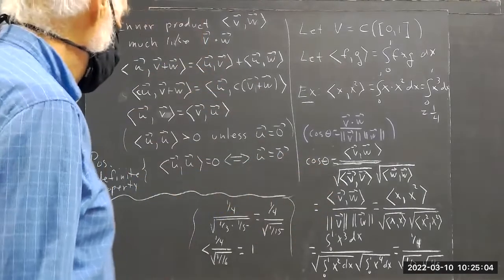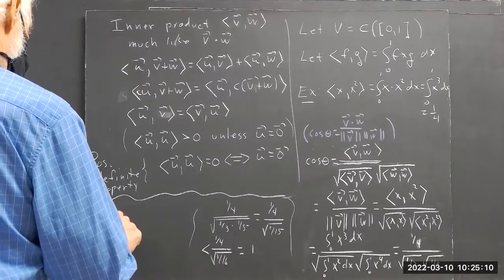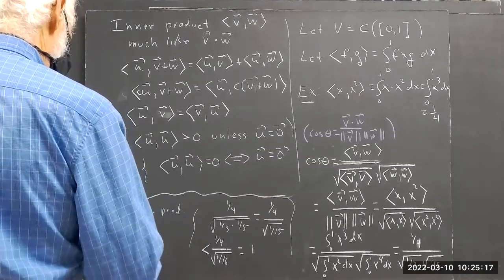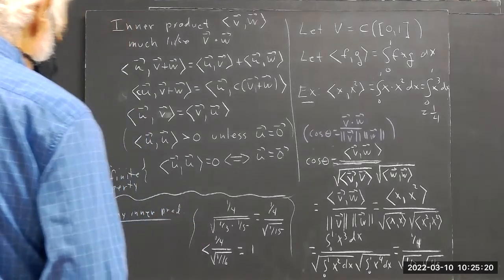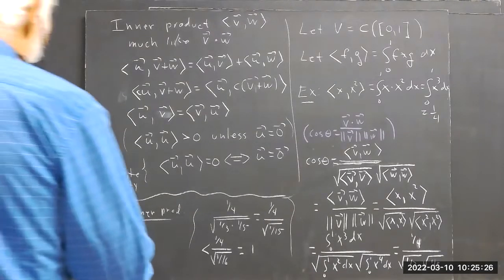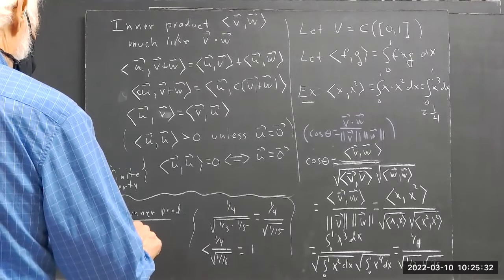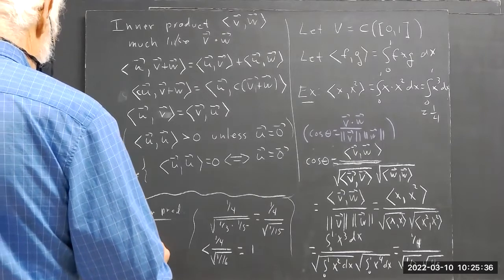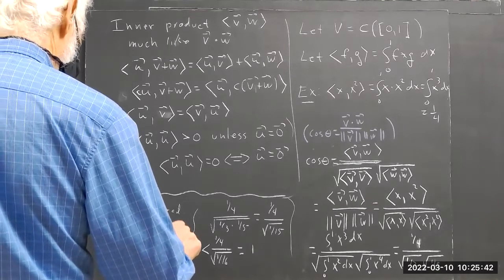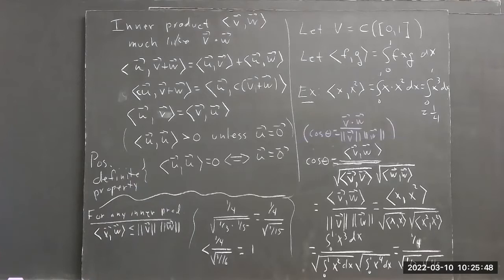And so we can prove that for any inner product, the inner product of V with W is less than or equal to the product of the norms of V and W. It's called the Cauchy-Schwarz inequality.